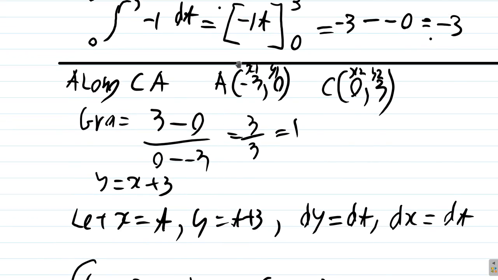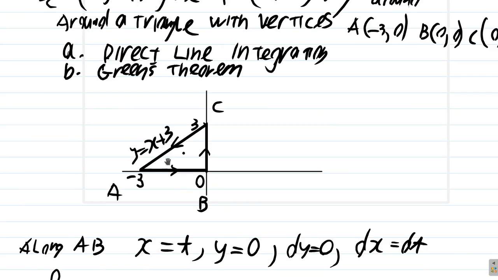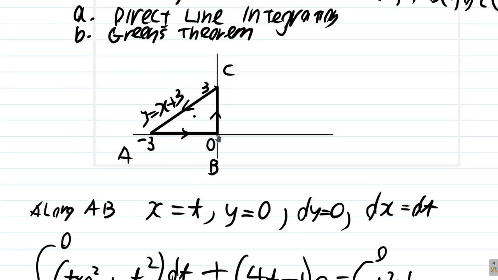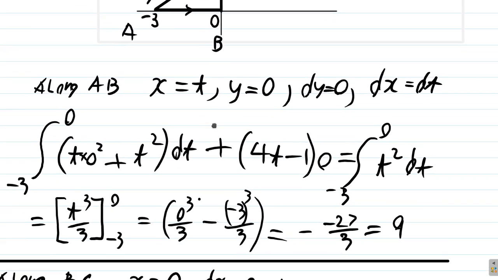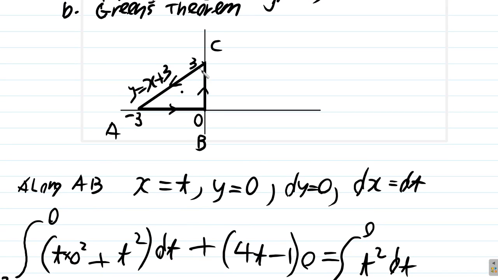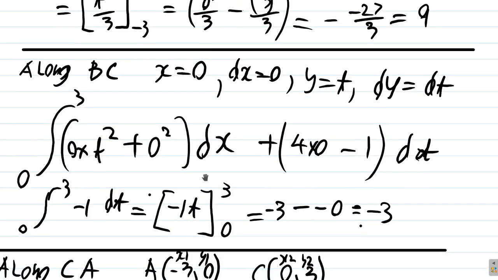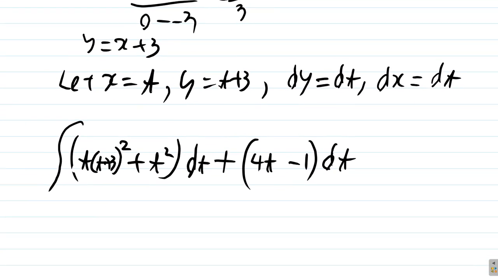So whatever happens to x, the same thing happens to t. X goes from 0 to negative 3. When you slide this way, you go from where x is 0 and meet up with where x is negative 3. So you have 0 to negative 3 here. You see that part? I'm sure you're following.